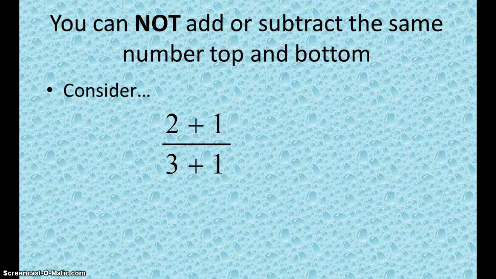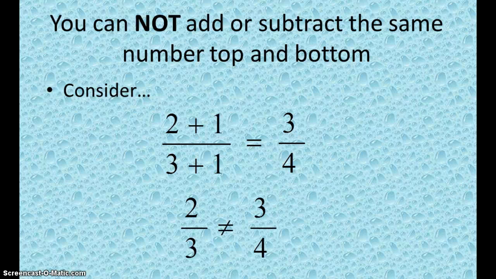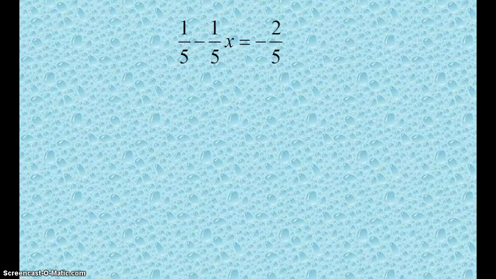I mean, that's balancing it, right? And if I do that, I get 3/4. Well, wait a minute. I started with 2/3. And now I have 3/4. Those are definitely not the same fraction. So adding or subtracting the same number is not going to work. We can only multiply.